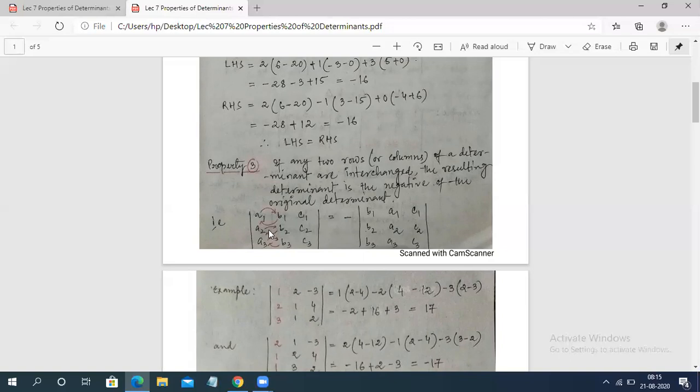Whatever is true for rows, all properties are true for columns also. That's why we always write any two rows or any two columns. Here we are showing that columns are interchanged, but if you change the rows, first R1 and R2, if you interchange their places, then there will be a negative sign with its value. Clear? So if the determinant value is this, then after changing the places of C1 and C2, the determinant value will be the negative of this determinant. That means for one jump there is a negative sign.